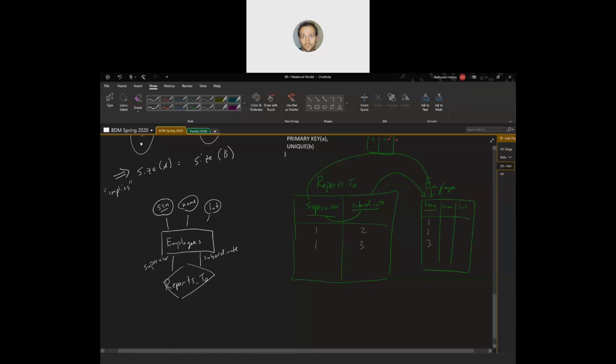Okay, thank you very much. Yeah, so that's it. So there's one composite key in the reports to table, each of which are a foreign key to the employee table. And this is, well, there's not much more to say unless there's questions about it.